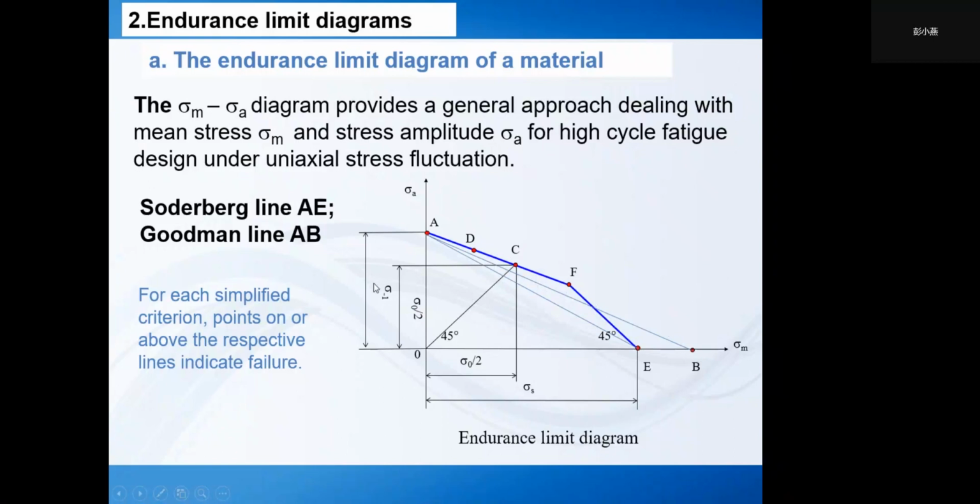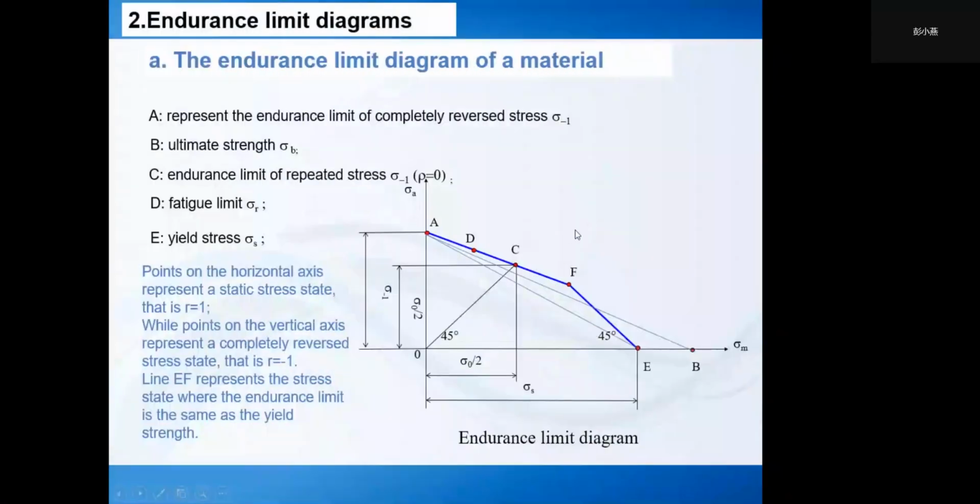For each simplified criterion, points on or above the respective lines indicate failure. And point A represents the endurance limit of completely reversed stress, sigma minus 1.